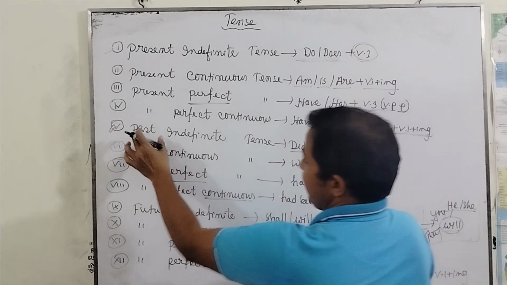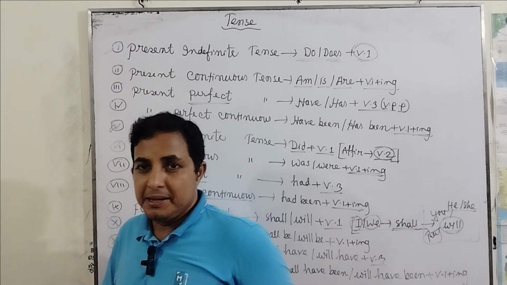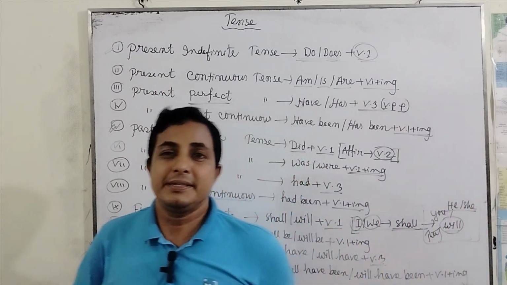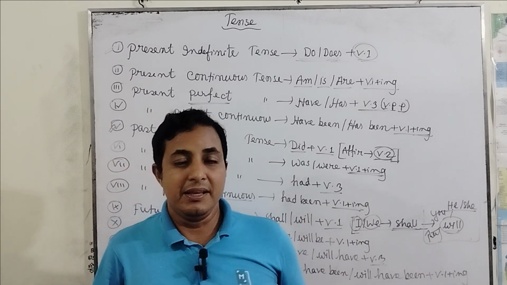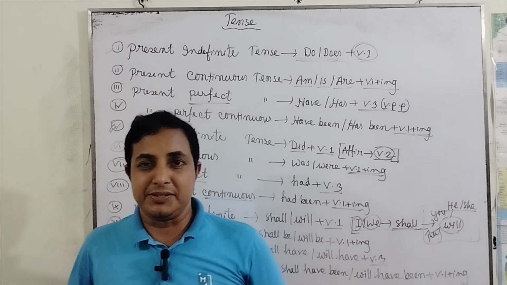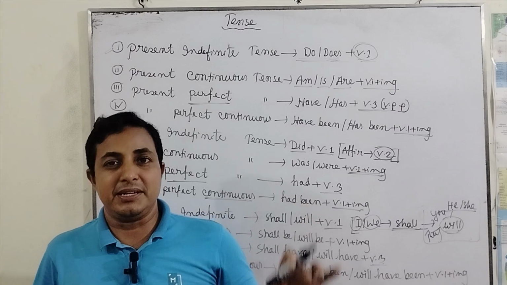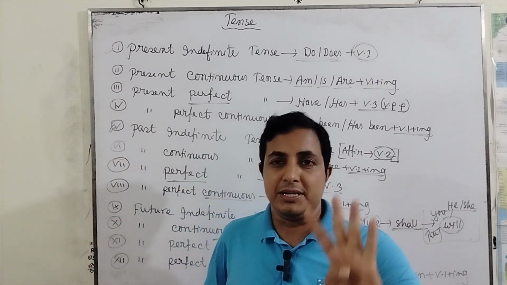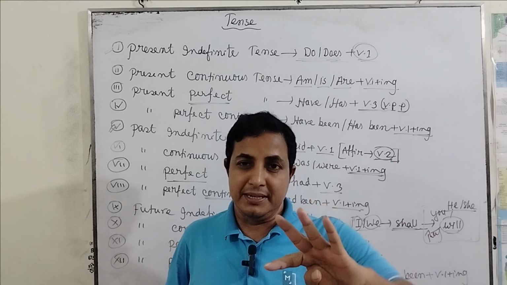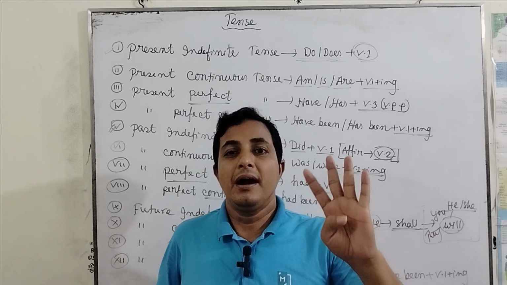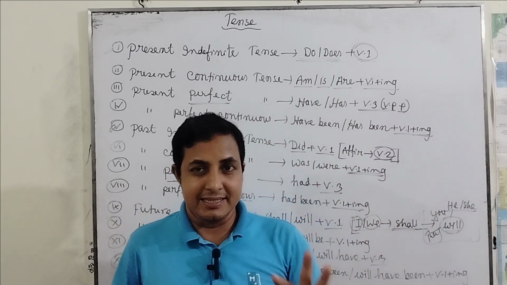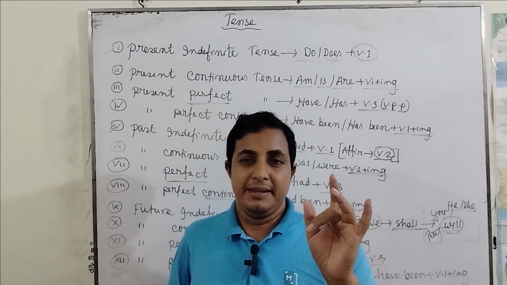The rest of the 10 tenses must use affirmative, negative, interrogative and interrogative negative. Mind it, you can create 4 kinds of sentences using tense.